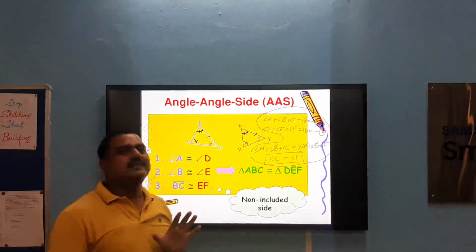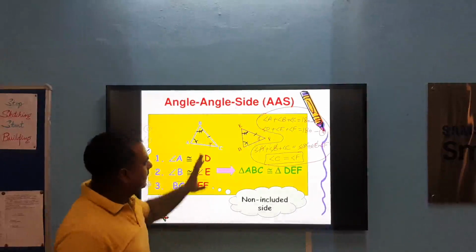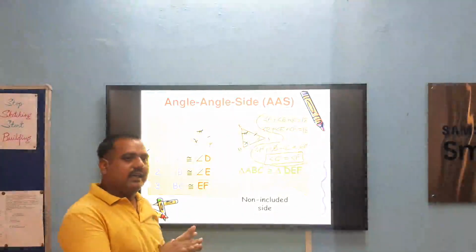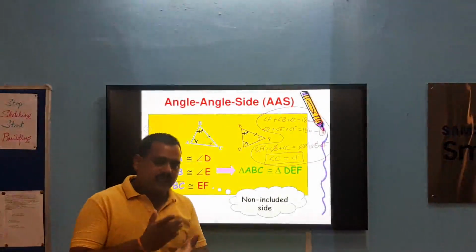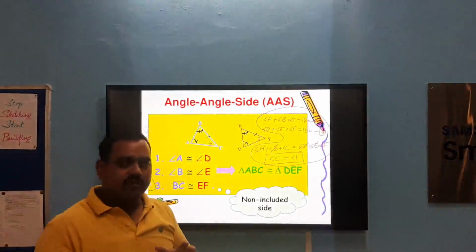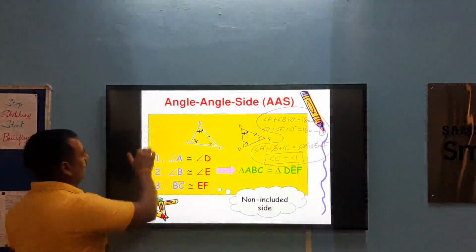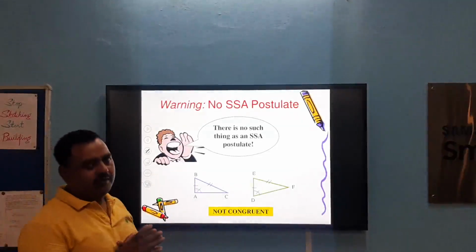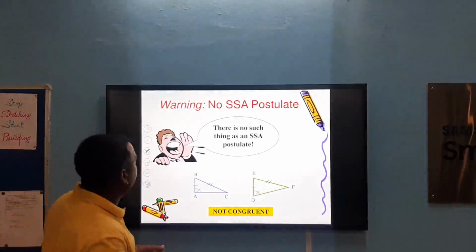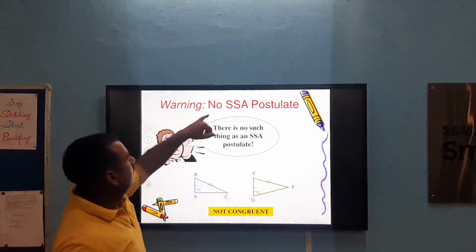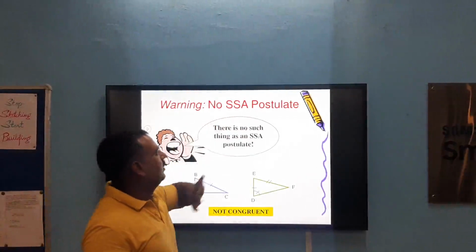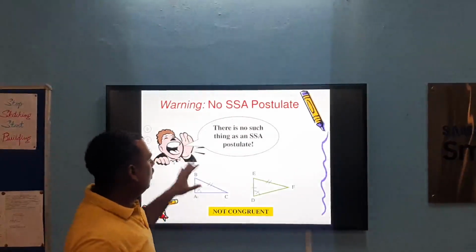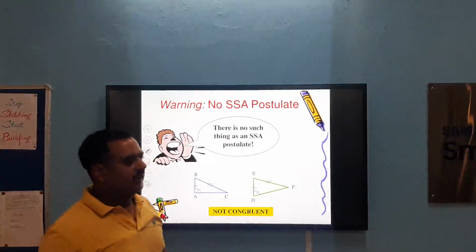Now the question arises: just like the criterion angle, angle, side, does a criterion side, side, angle also exist? Yes or no? Let us see. No. Here we must be careful that the SSA postulate or criterion does not exist for triangles.